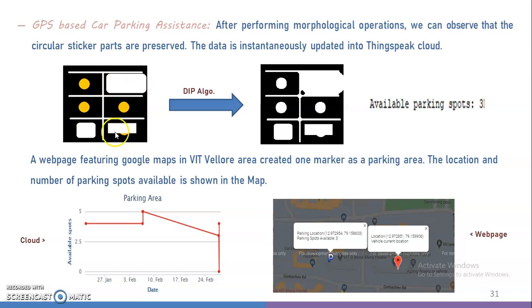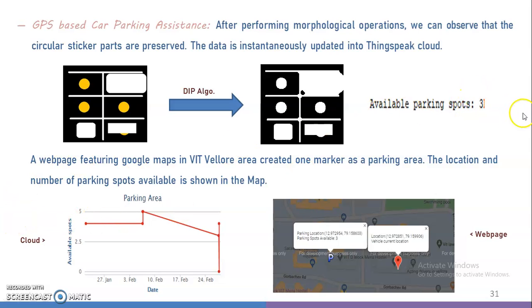These 3 are covered by vehicles, these white parts, and these yellow are the circular stickers. After morphological image processing, with opening, closing, erosion and dilation, we obtain this, and these 3 are the parking spaces which are available. So this is the output: available parking spots is 3.